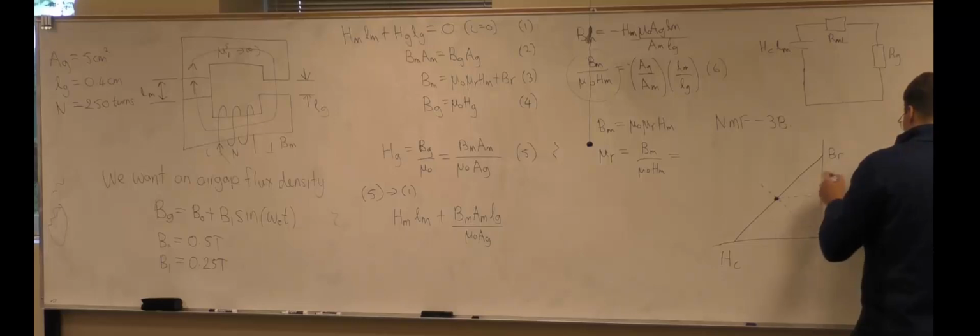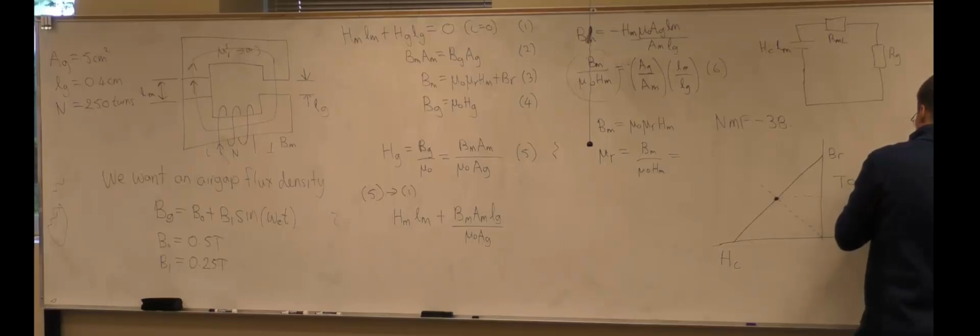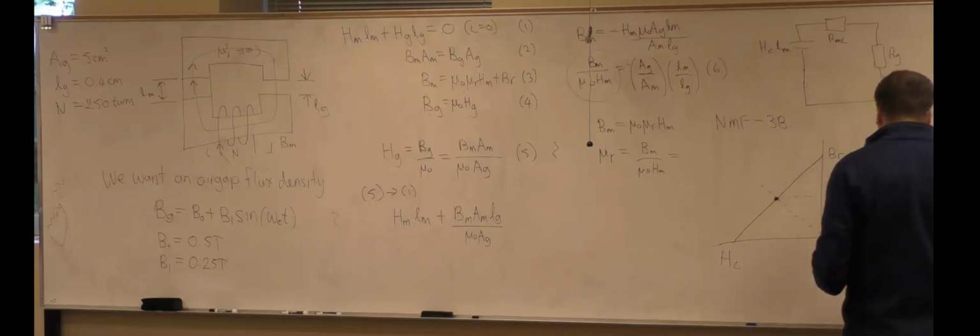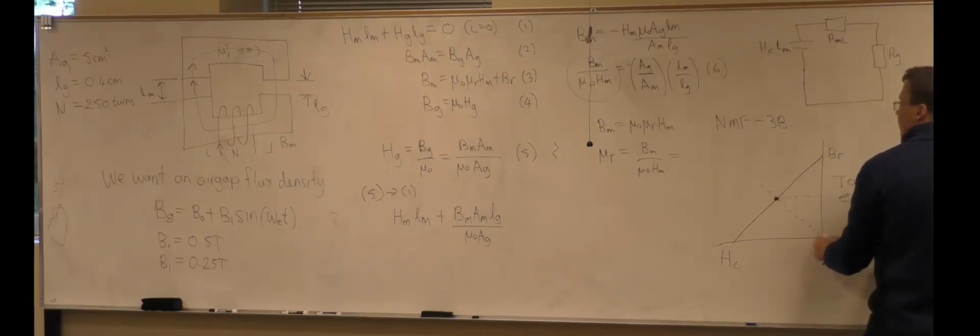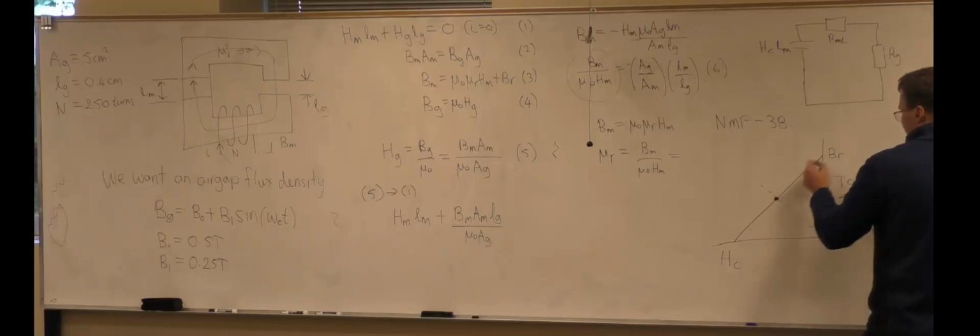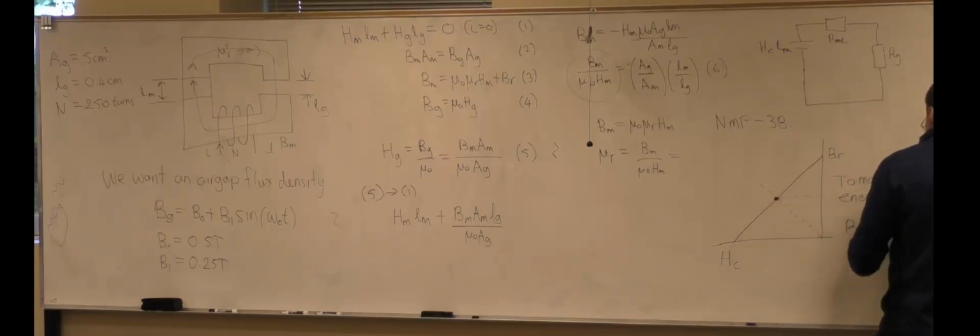So to maximize the energy, we should have that the BM is halfway, and that I took off the BH curve to be 0.204.